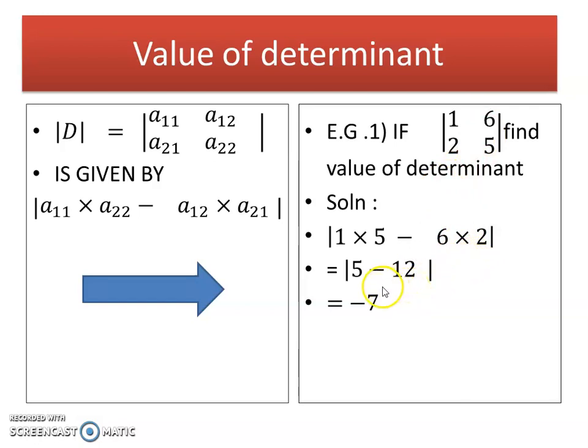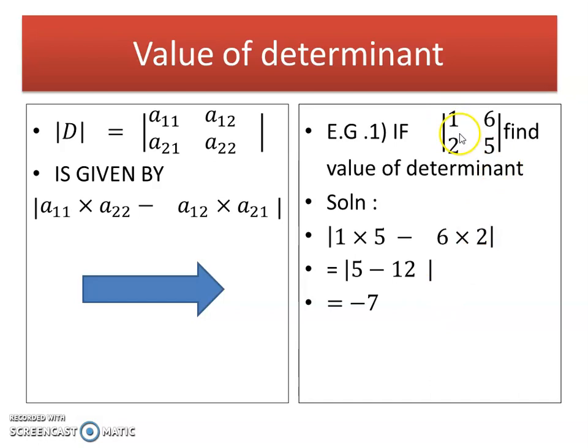So that is defined by 5 minus 12, which is obviously minus 7. Remember that the value of a determinant may be positive or negative, based on the number multiplication, and the final answer takes the sign of the bigger number.